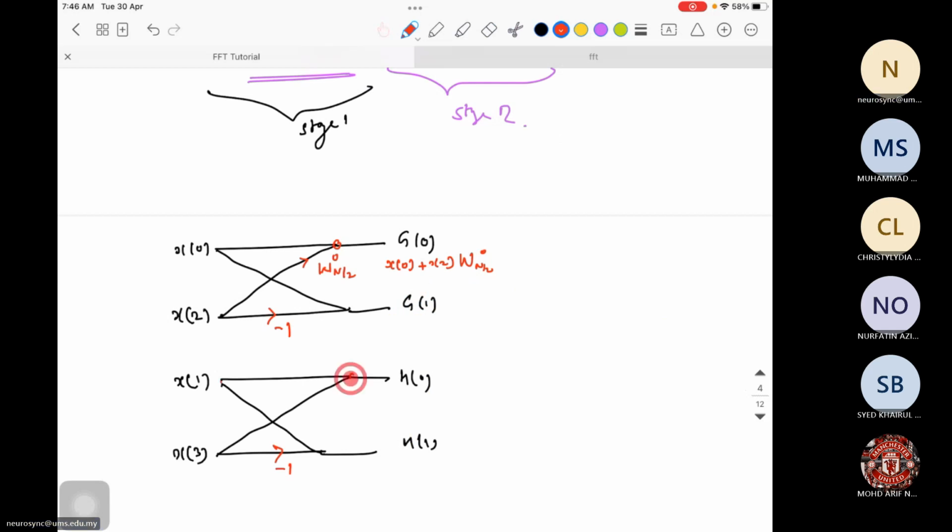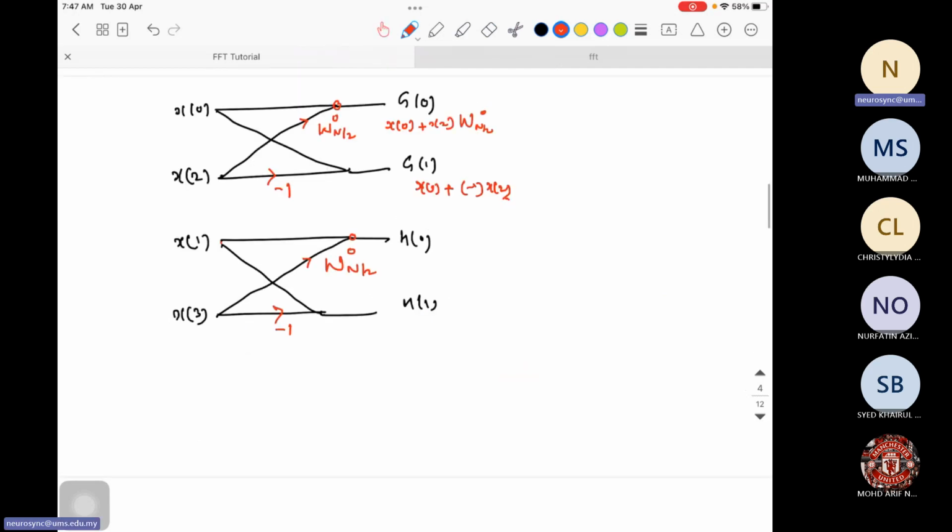Similarly, this is basically multiplied with W n by 2 of 0. This term is basically x of 0 plus minus 1 times x of 2. So we will proceed from stage 1.